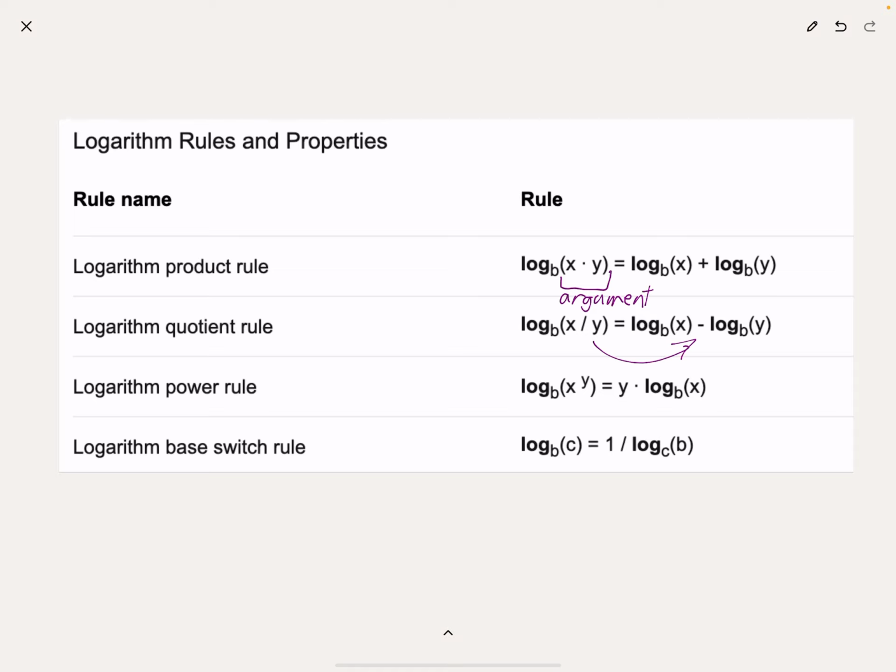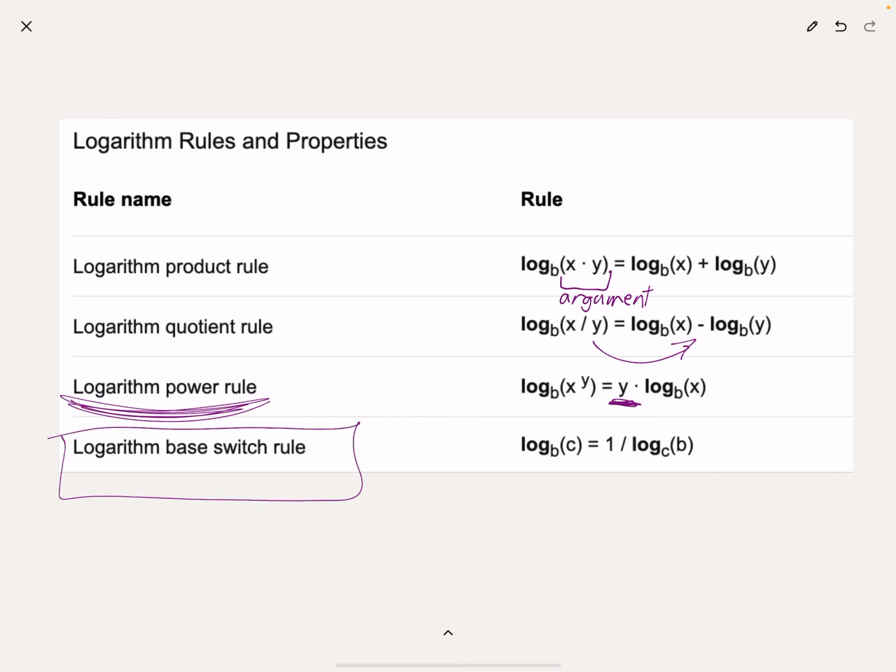The first property that we're going to be talking about today is the power rule for logarithms, because when you have an exponent right here, you can just take it down multiplying, and that can make your whole derivative easier. So let's start talking about this last property and applying it in one exercise.